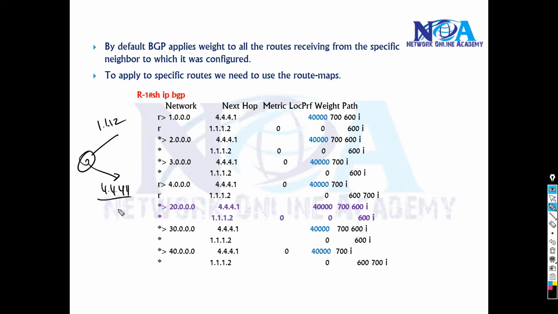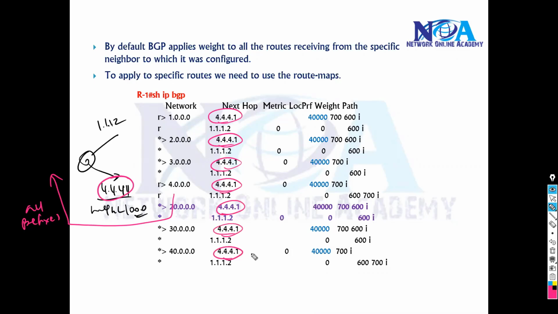And we have applied the weight of 1000 here, or whatever the weight you have applied. So by default, the weight will be applied to all the prefixes which are being received from this neighbor. So whichever the prefix, you have this 4.4.4.1, the weight of 40,000 will be applied.